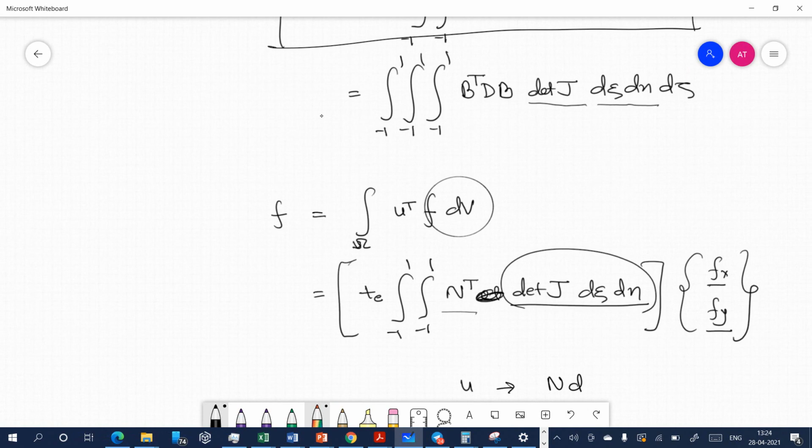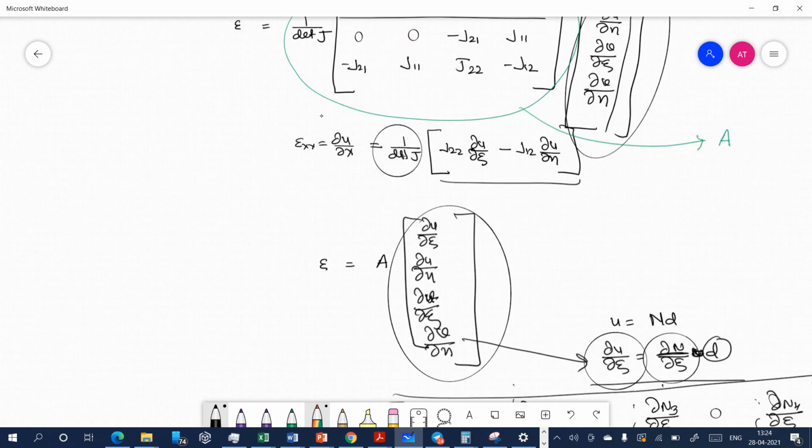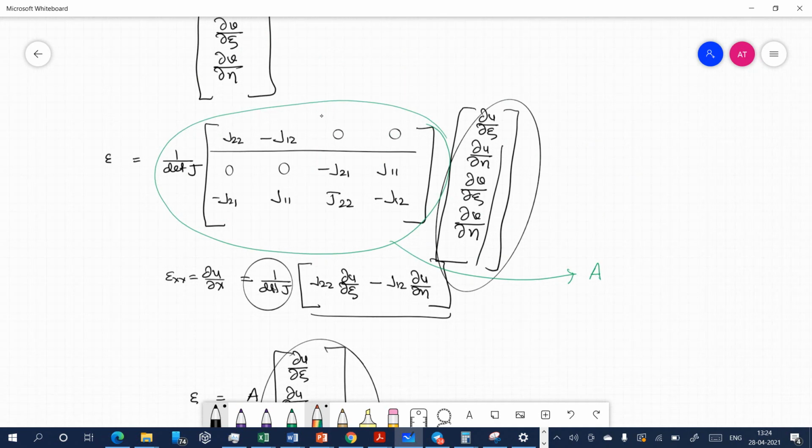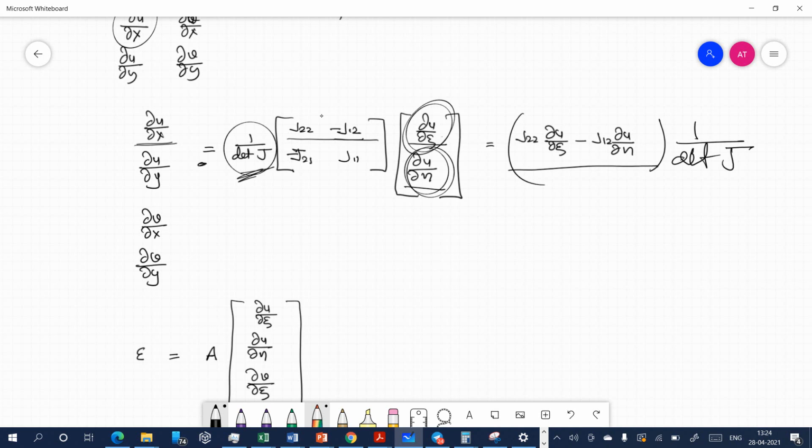A is this. In order to find out A, I need to first find out the Jacobian matrix, right? Then only I will have J11, J22, J21, J12. So what is my Jacobian matrix?